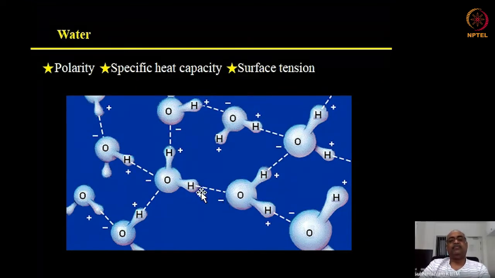So they have a weak bonding due to these partial positive and negative charges. And that bond is what we call hydrogen bonding. This is crucial for all emergent properties of water, and life critically depends on that property of water. Okay, so we'll discuss this as we go along.